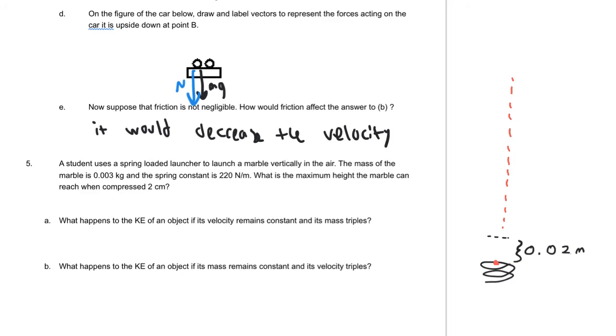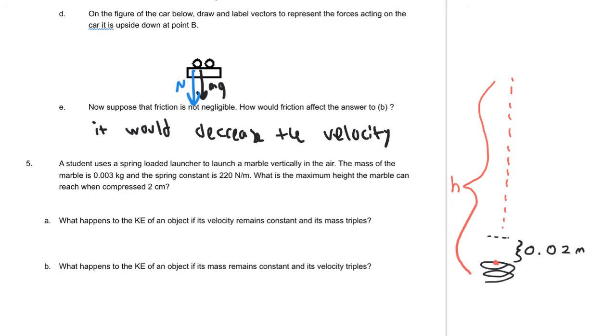Now, we'll assume the height has to do with where it took off from. Let's imagine where it took off from was the floor. I know it doesn't look like it, but imagine when you compress the spring, it goes all the way down to the floor and then it shoots up. Okay, so let's just imagine that, just to keep it simple, because I'm sure that that's sort of what they mean. So we want to know the maximum height. So that is the question.